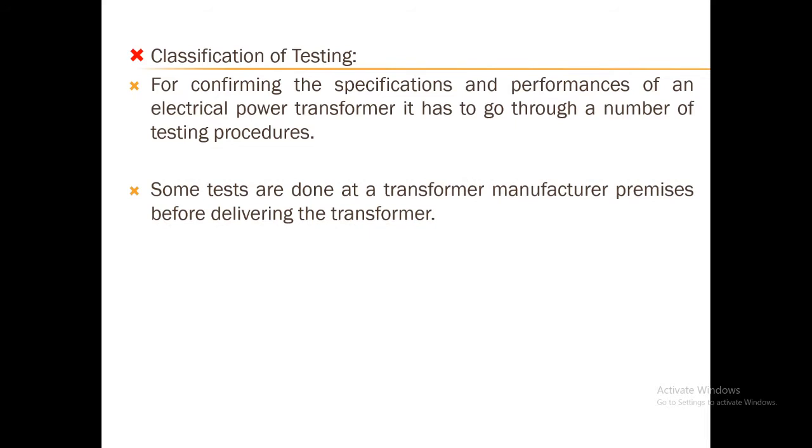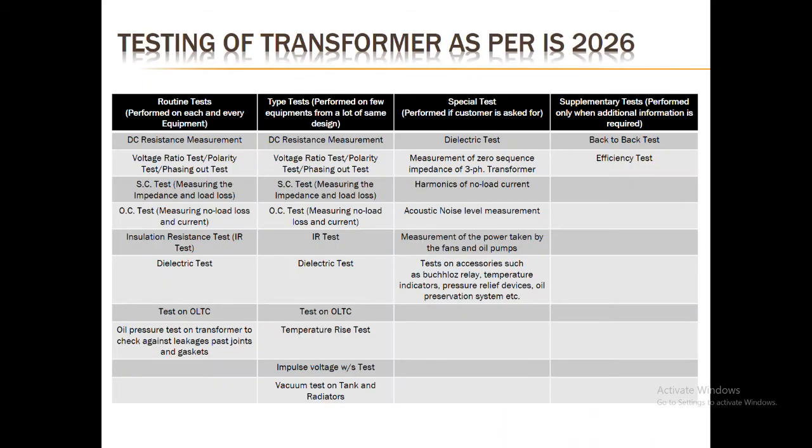Some tests are done at the transformer manufacturer location before delivering the transformer to the client. In general, we can say that the testing of a transformer is to confirm the specification and its performance characteristics when it is subjected to the nominal system voltage and the overvoltage magnitudes.